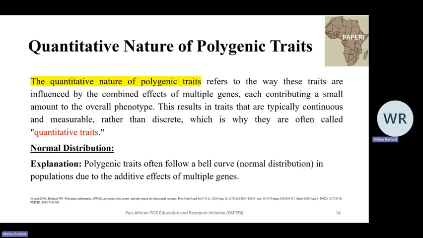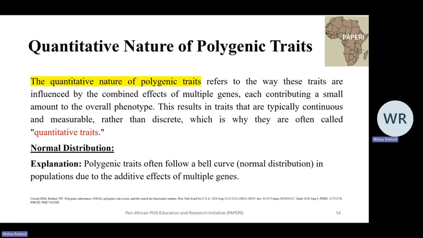Another very important point about polygenic traits is their quantitative nature. The quantitative nature of polygenic traits refers to the way these traits are influenced by the combined effect of multiple genes, the additive effect of multiple genes, each contributing a small amount to the overall phenotype.